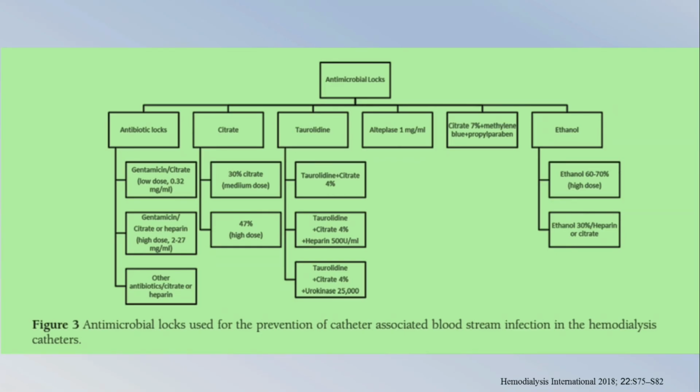We have just recently started using 70% after some published data, including Indian data, which has shown that it is very good after an infection. So to decontaminate the perm cath, it is useful. There is a published protocol that we follow. Just use 70% alcohol, fill the lumen for 4 hours, and then aspirate and discard. And do it for 5 days consecutively in each lumen. And usually the recurrence rate for the infections is much lower after that. So that's what we have started following now. But as a routine lock, definitely no.